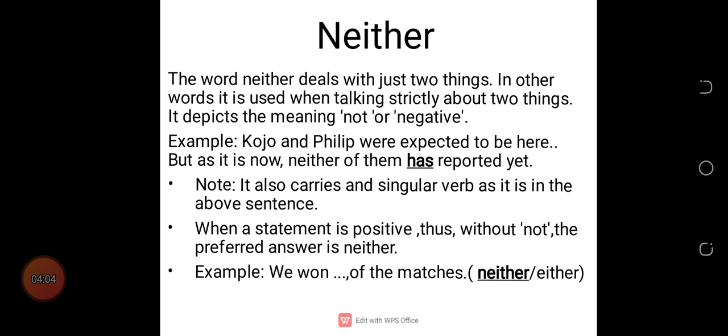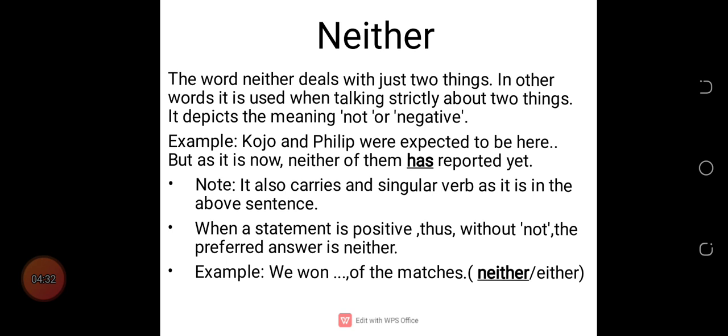Okay. Example, Kojo and Philip were expected to be here. So these two people, Kojo and Philip, were expected to be here. But as it is now, neither of them has reported yet.